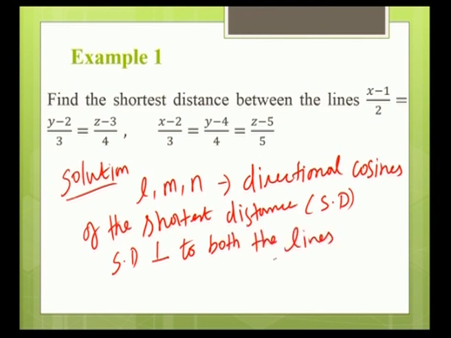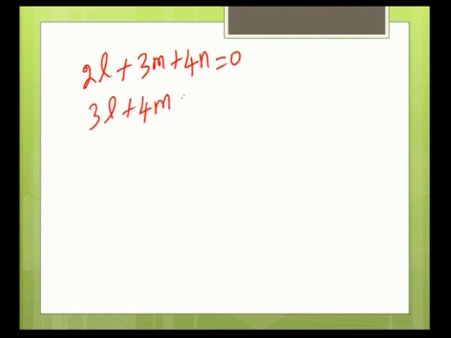Therefore, we have 2l plus 3m plus 4n is equal to 0 as one equation, and 3l plus 4m plus 5n is equal to 0. Since the shortest distance is perpendicular to both the lines, we get these two equations. Keep them as equation 1 and equation 2.